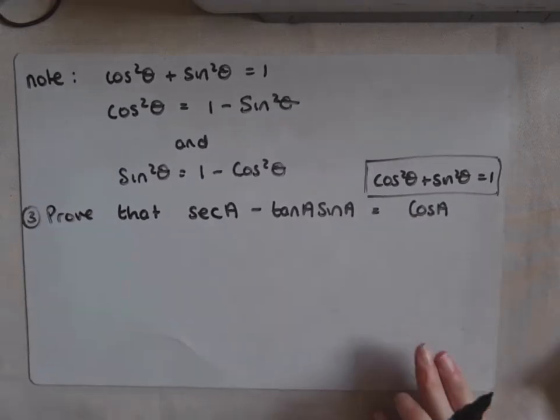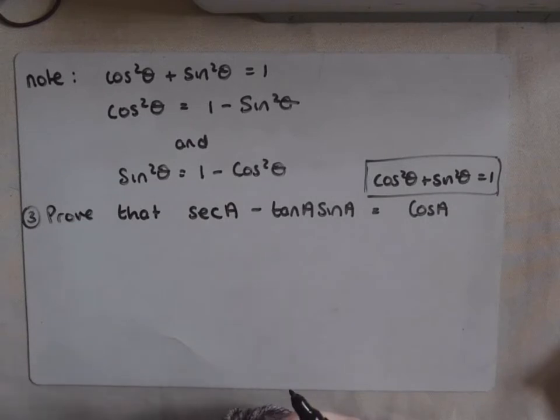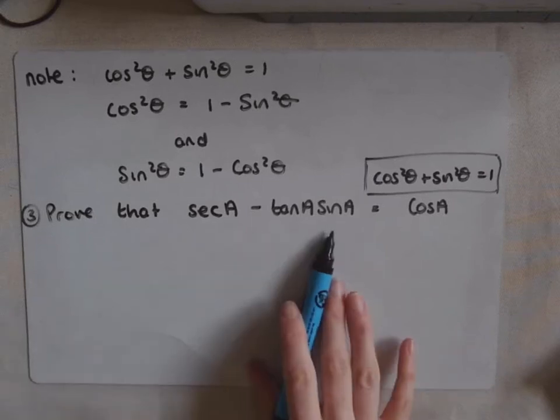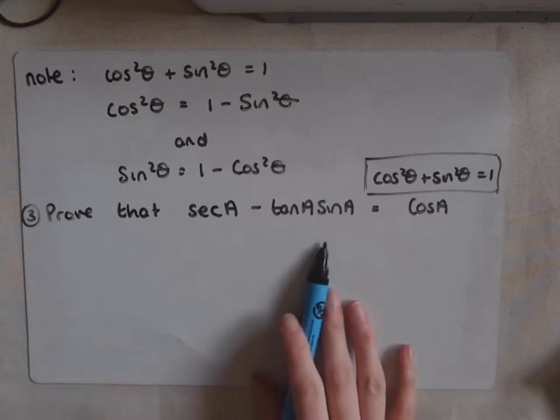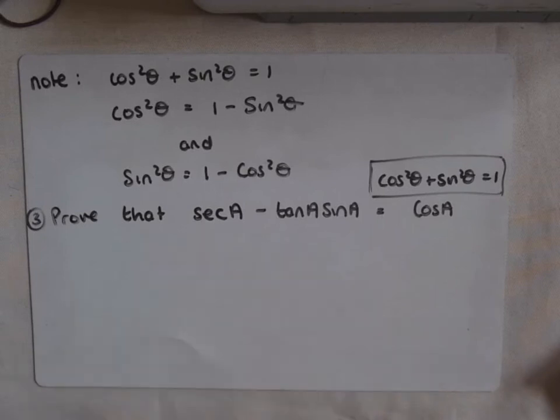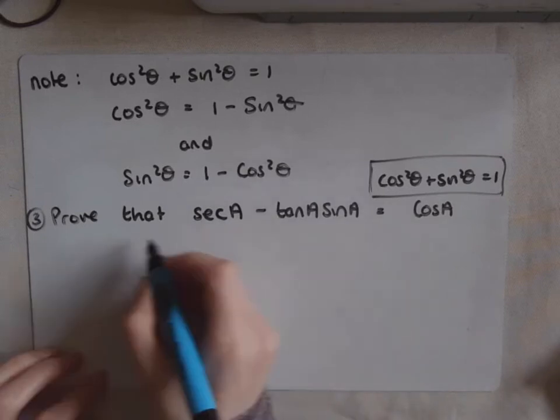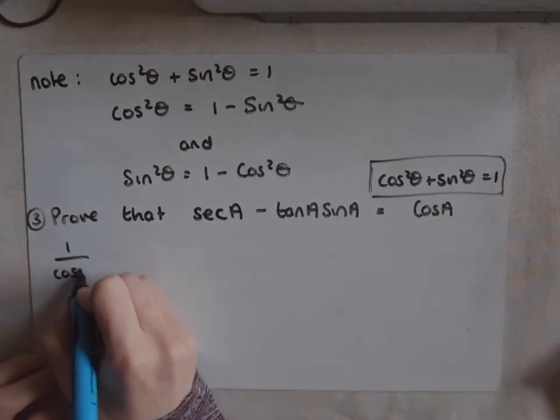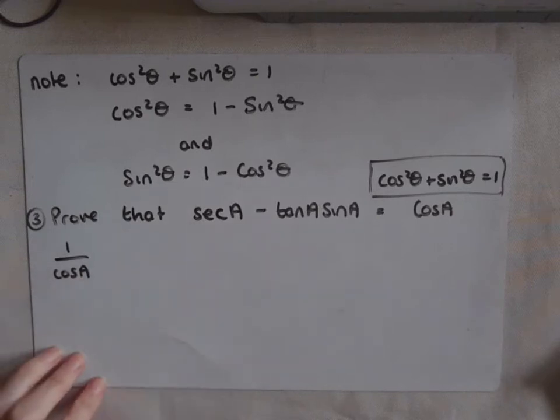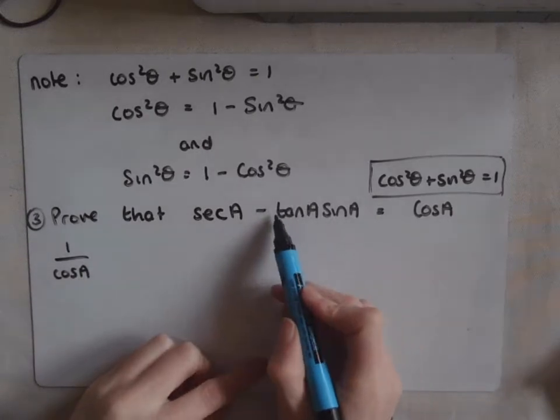Prove that sec of A minus tan A sine A equals cos of A. So what we're going to do is replace something in here. I know sec of A is 1 over cos of A. So let's replace that: 1 over cos of A. Now, what was tan of A?